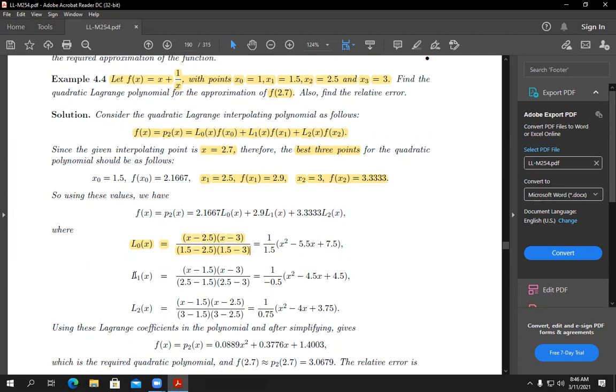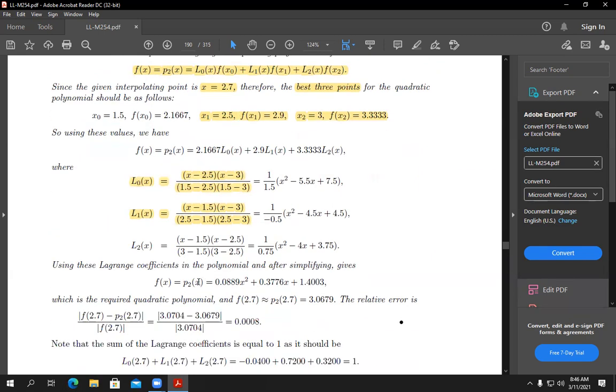Put it here to calculate this one, or put x equal to 2.7 here. It's the same thing. When you put x equal to 2.7 here, here, and here, you can check that this plus this plus this should be equal to 1. If it is not 1, you made a mistake somewhere, so recheck again.